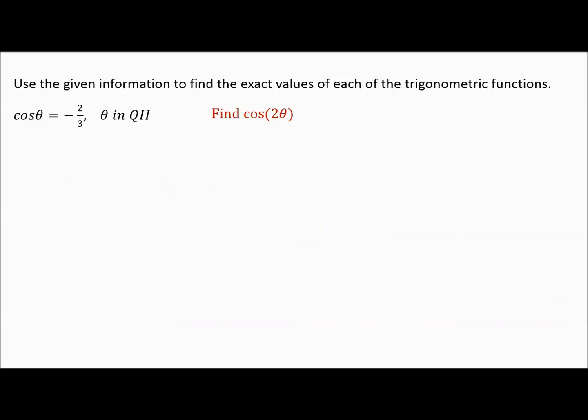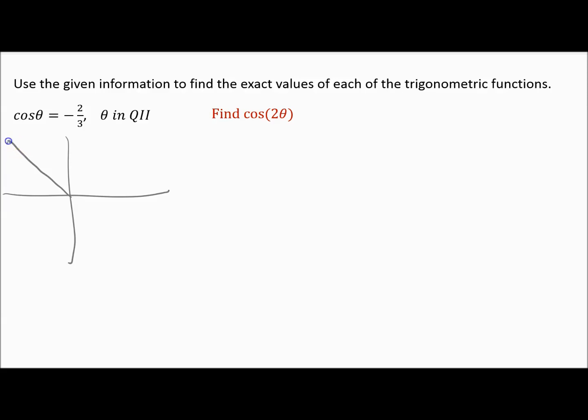Okay, so for this problem, let's just use the given information to find the exact values of each of the trigonometric functions. I'm really just trying to find the cosine of 2 theta. Notice I don't have a picture or a diagram drawn here, but I can draw that given this information. Notice it says theta is in quadrant 2, which is telling me I need an xy axis, and I also need a line drawn in quadrant 2.